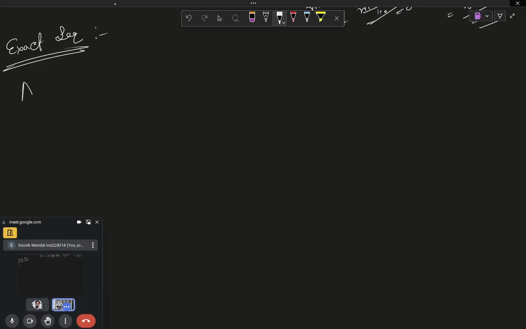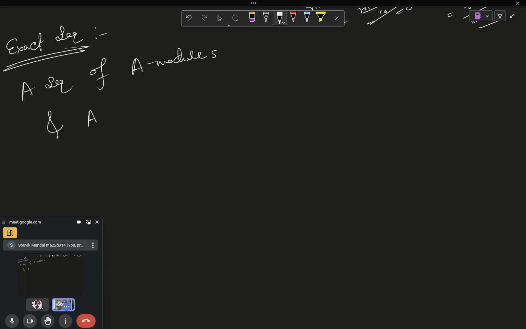The definition goes as follows: a sequence of R modules and R homomorphisms. Homomorphism means module homomorphism, right? Okay.